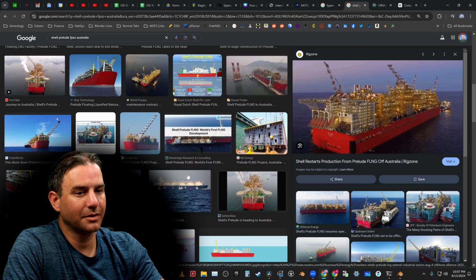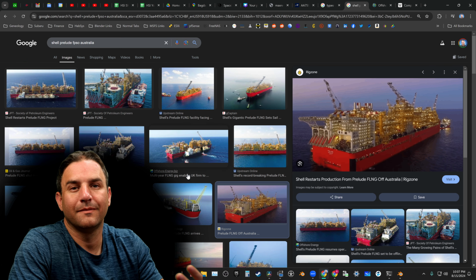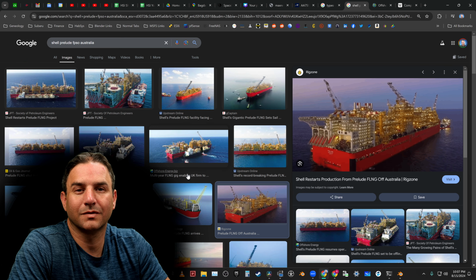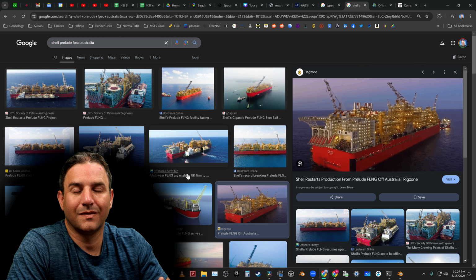So anyway, those are some of the basic conceptual designs if you wanted to establish a town or a colony or some kind of community offshore.